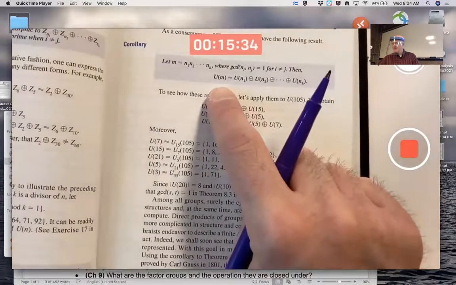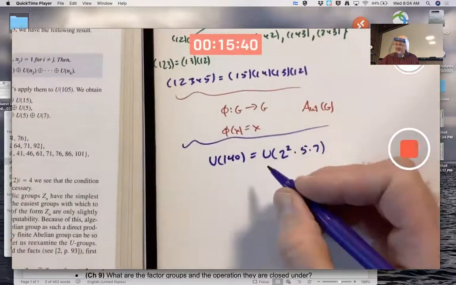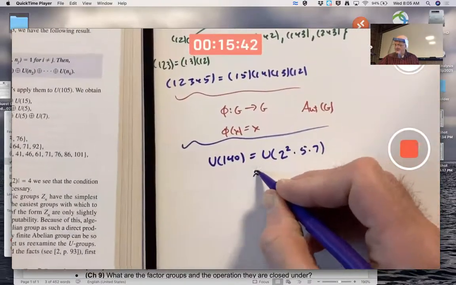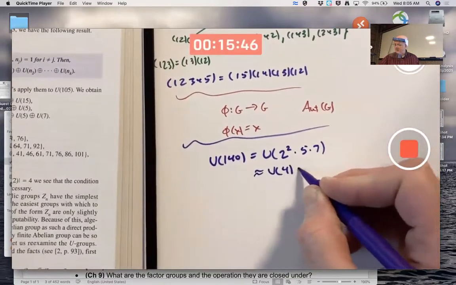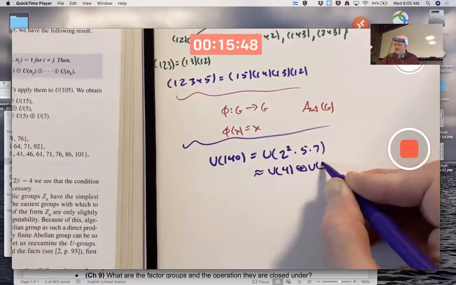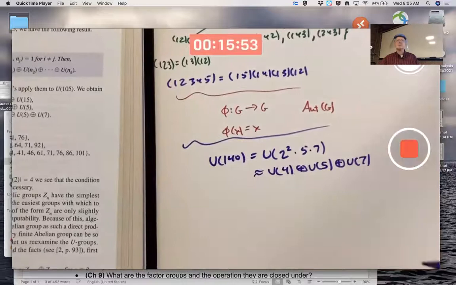Then UM is going to be isomorphic to this external direct product. So based on that, we can say this is isomorphic to the external direct product of U4, U5, and U7. I could have kept it 2 squared.